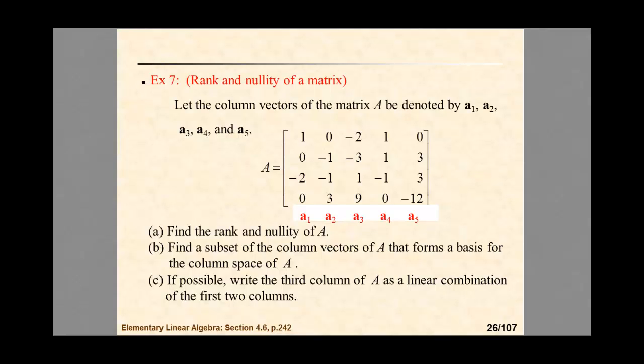The first question is to find the rank and nullity of A. The second question is to find the subset of the column vectors of A that forms a basis for the column space of A. And the third question is, if possible, write the third column of A as a linear combination of the first two columns. So there are three questions in this problem.